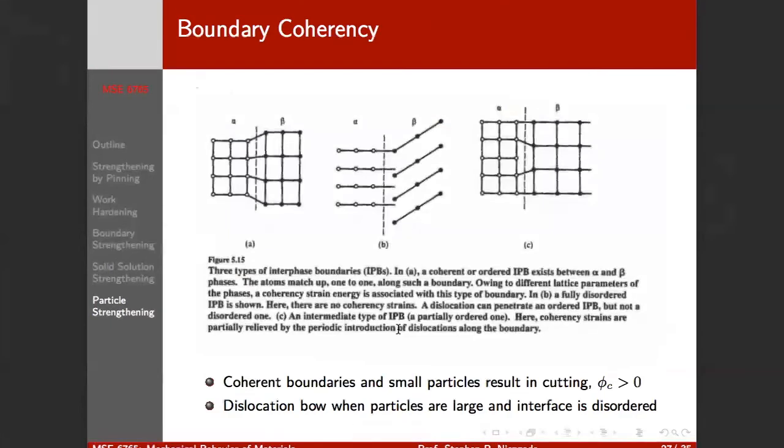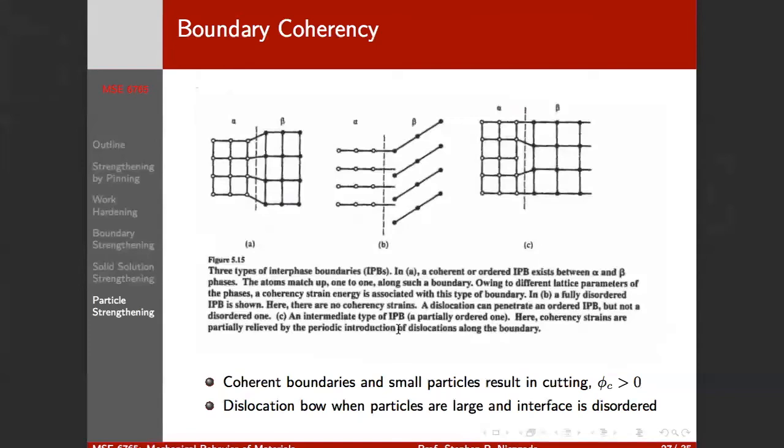Okay. So we have a couple effects that we need to consider. If we have a particle there, we need to think about the coherency of the interface. So with perfectly coherent interfaces, if there's a lattice mismatch between our particle and our matrix phase, we're going to have a coherency strain. Dislocations are going to interact with the strain field.